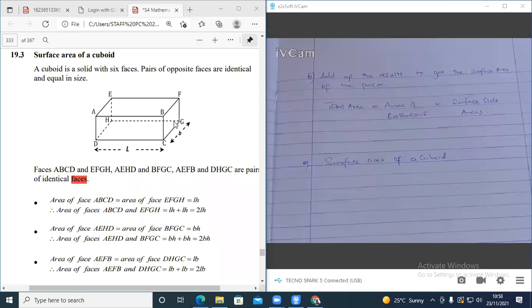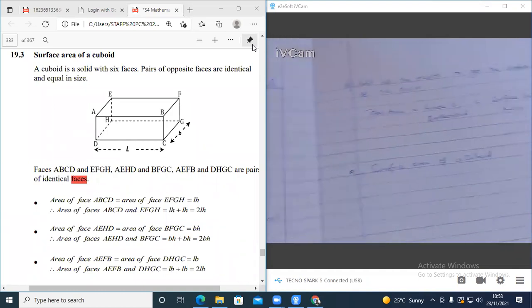There are 6 pairs. Wow. Members, have you heard there are 6 pairs? So it means that there are 12 faces. Esther, is it so? No. So how many pairs? 3. There are 3 pairs.